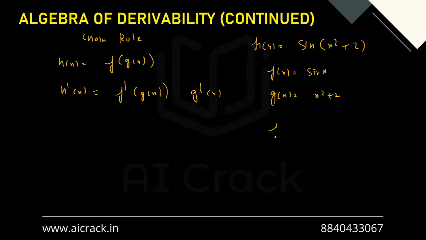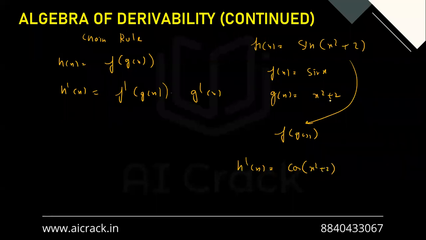So we have written this as nothing but f(g(x)). Now we have to find h'(x). For that, we'll first differentiate sine, which gives us cos of (x² + 2). Then we'll enter inside the composite function, which gives us 2x. Differentiation of x² + 2 is 2x.